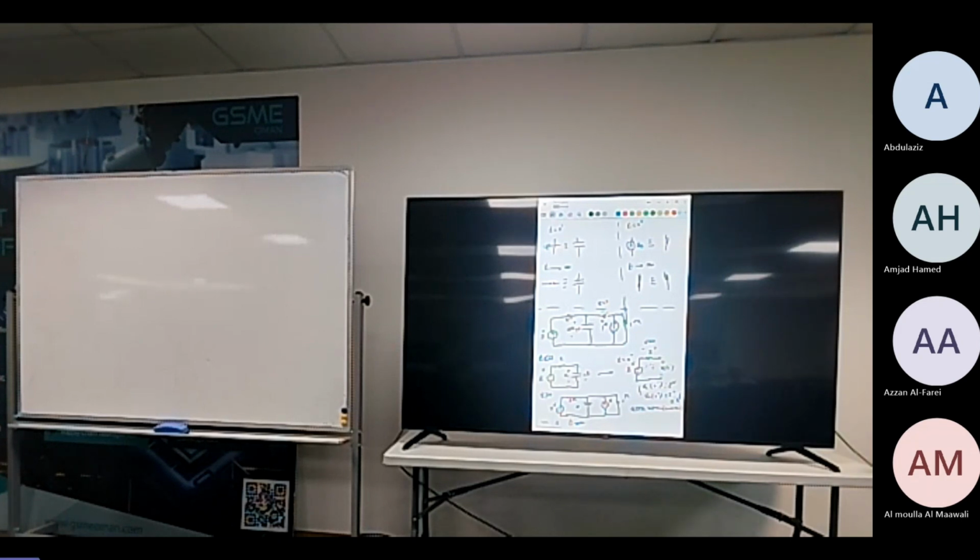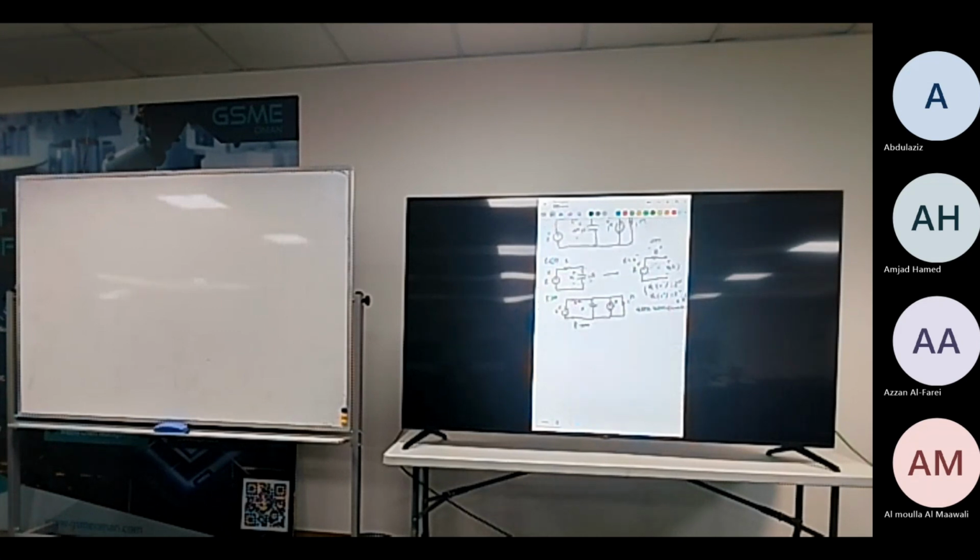After a long amount of time passes in this circuit, the voltage of the capacitor is going to change. How much? You should be able to say that. A long time has passed, which means the capacitor is like an open.